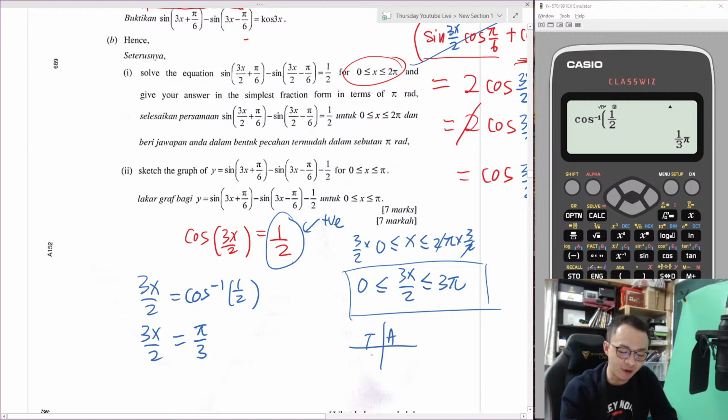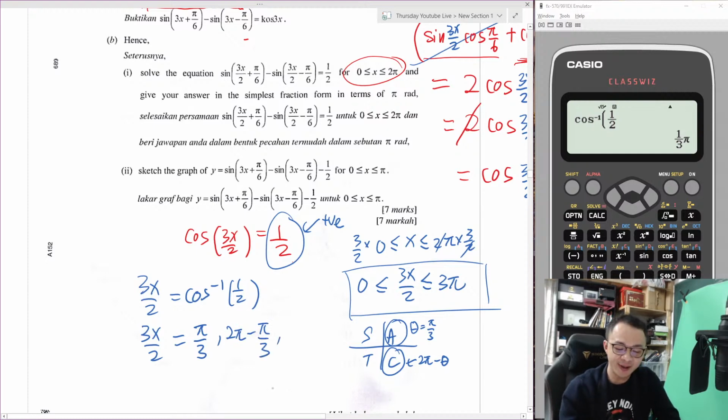ASTC, tell me. ASTC tells me cos will get positive at first quadrant and fourth quadrant. First quadrant, want to find the angle, just type in the calculator, which is pi over 3. But the fourth quadrant, you need to do 2 pi minus theta. So the second answer will be 2 pi minus pi over 3.